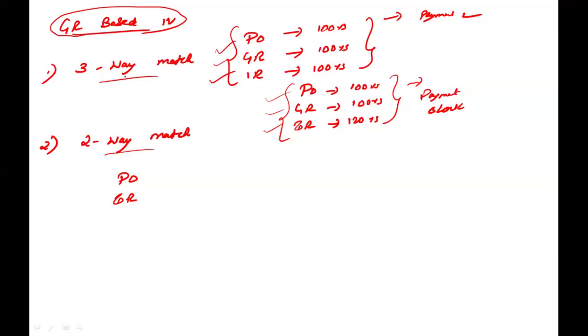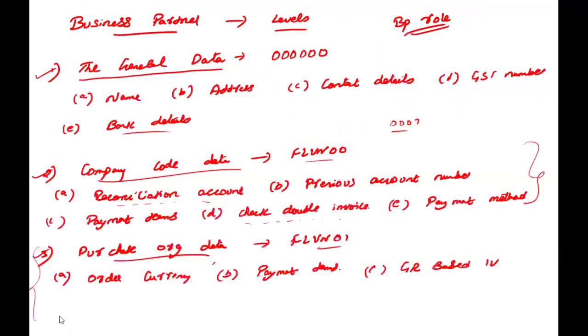They will go with this three-way match, because if everything is matching, only then they want to pay the vendor. So whenever someone tells you GR-based invoice verification, then you should remember the three-way match and two-way match. Okay, so this is going to decide when are we going to pay the vendor and how are we going to pay the vendor.